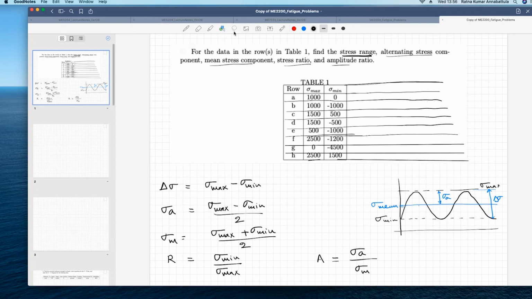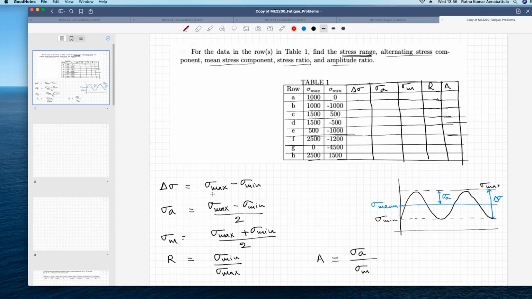And then we will calculate first delta sigma, that is our first one, and then stress amplitude and the mean stress, stress ratio, and amplitude ratio. These are the quantities that we need to find out.